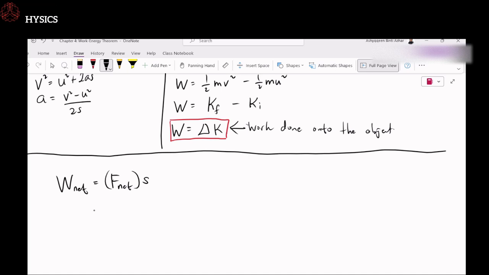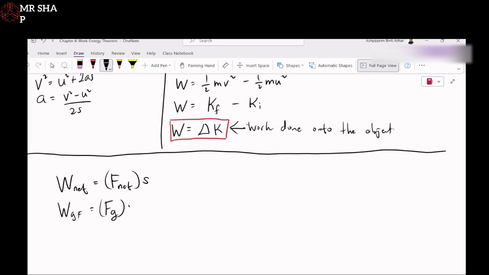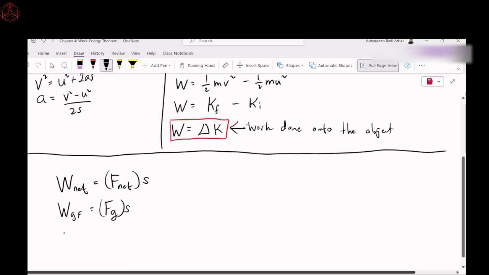Okay, unless it's asking the work done by some other force. So let's say it's the work done by the gravitational force, then you will have to consider only gravitational force times displacement. If it's asking for probably work done by potential energy, so elasticity, or a spring, right?